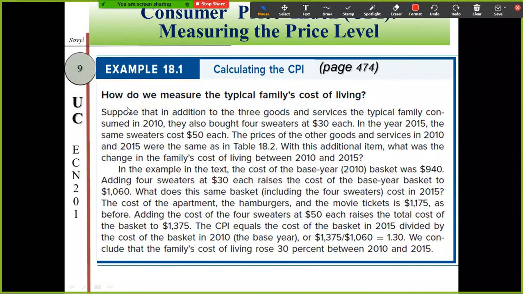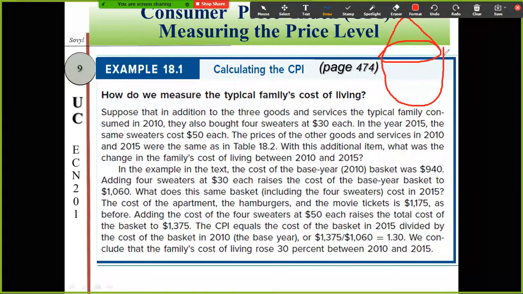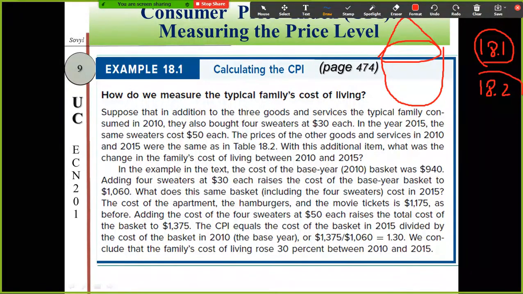If you go to your textbook again, on page 474, you can see example 18.1. Let me go back to table 18.1 and table 18.2, because we have two years. 18.1 is about 2010, 18.2 is about 2010 and 2015 together.